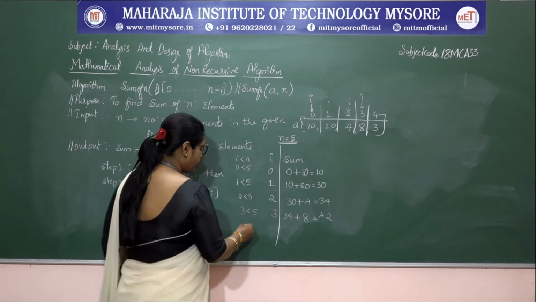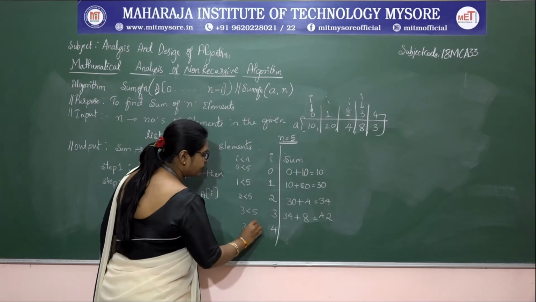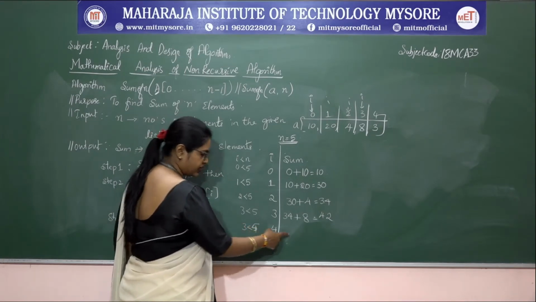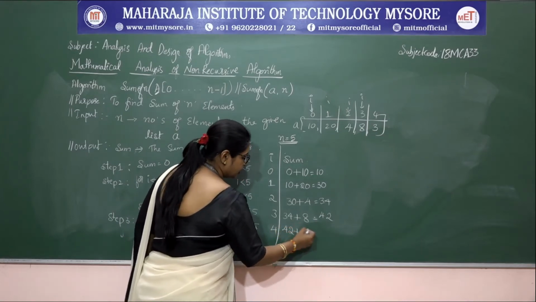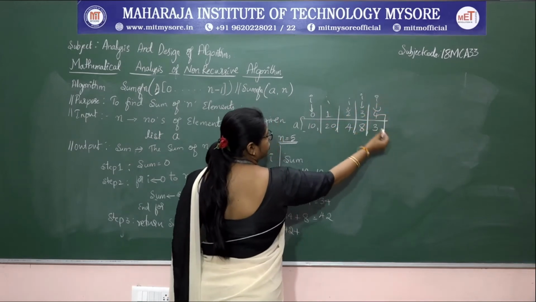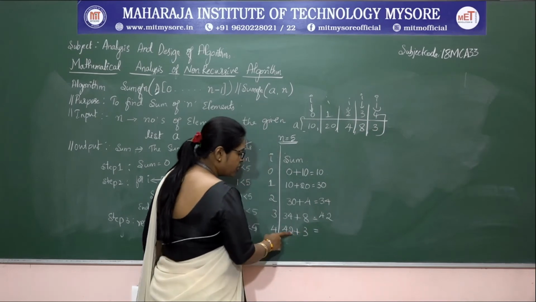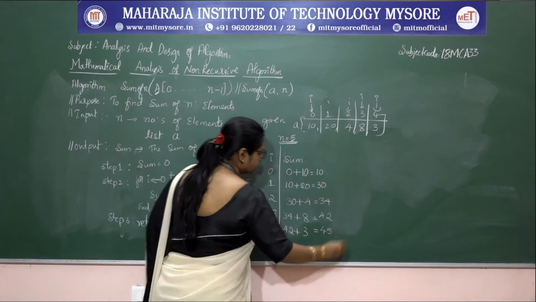Next i gets incremented to 4. 4 less than 5 is true. Then the old sum, 42, plus a of i, where i is pointing to the fourth position. In the fourth position we have 3. Therefore 42 plus 3 is 45.